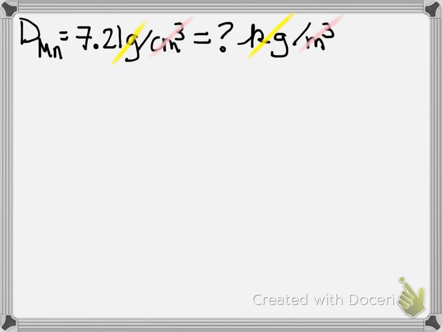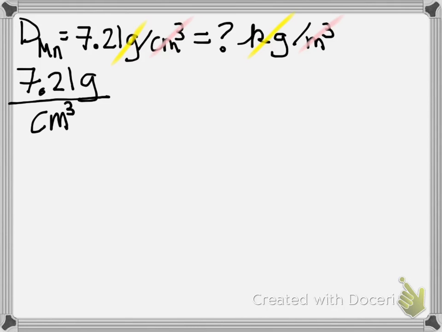Again, part of the trick of starting with this is that you want to make sure you know which units are in the numerator and denominator. So, when I start this, I'm going to start with 7.21 grams over cubic centimeters.